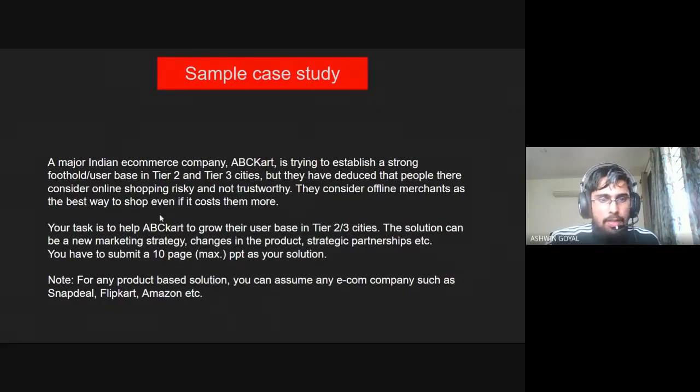They've also identified that offline merchants are the best way to shop, like the people in tier 2 and tier 3 cities consider offline merchants the best way to shop, even if it costs them more. So what we need to do is help ABCkart grow their user base in tier 2 and tier 3 cities.